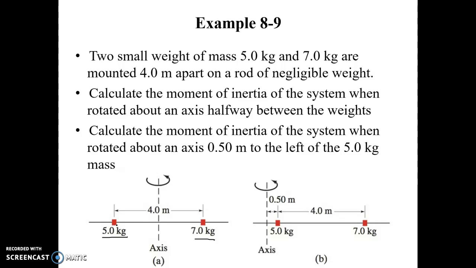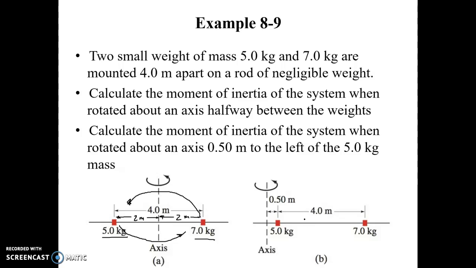If we wanted to spin these about an axis that is right in the center of them, so in other words, we've got a 2 meter distance here and a 2 meter distance here, what would be the moment of inertia for this system?